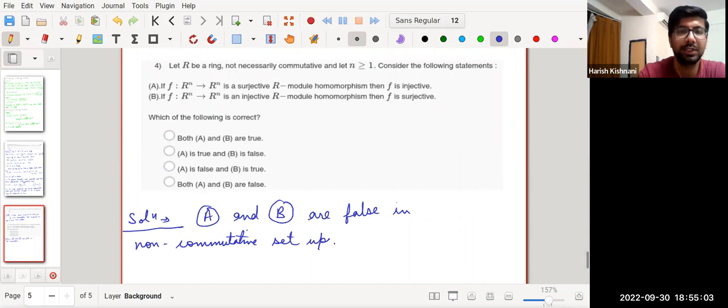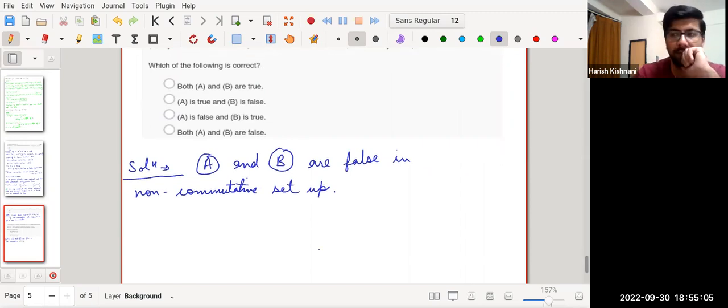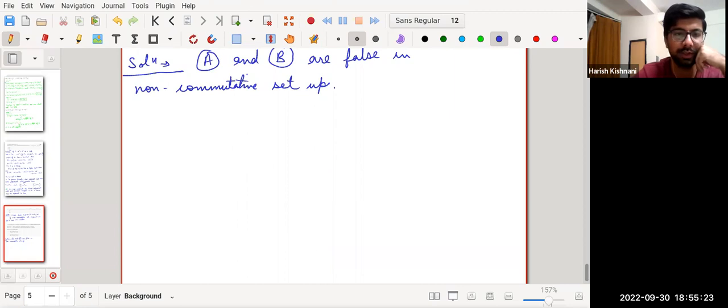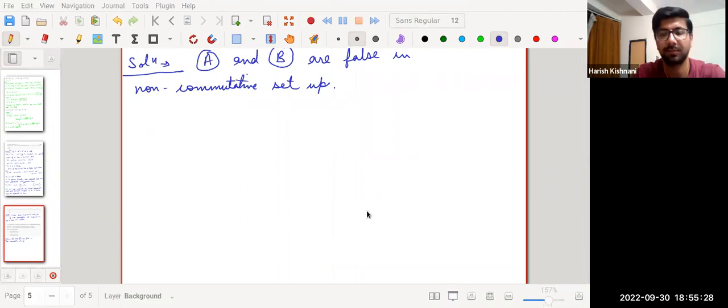And you need to see why it is not holding. Try to consider explicit examples. If you have any problem, then we can look at it in the next live interaction session. Okay, so let me move on to the next problem.